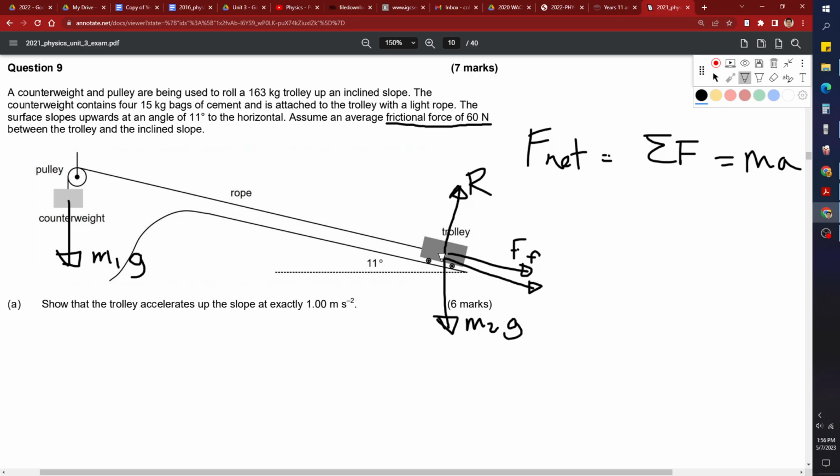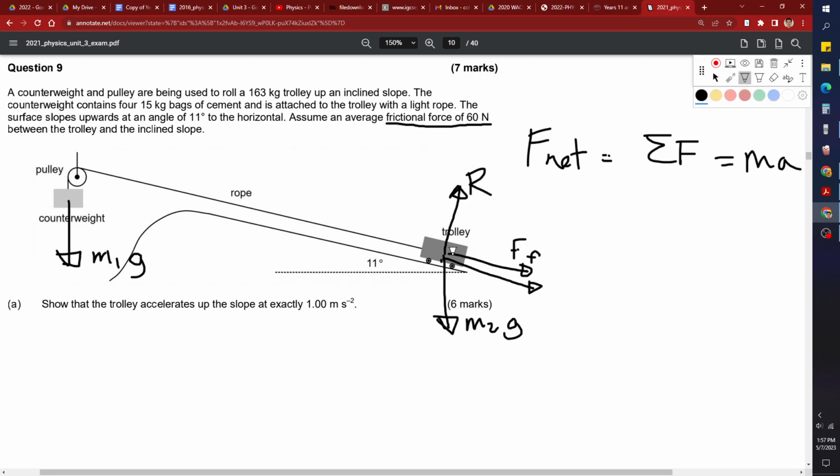And that's just basically the components of this thing, right? That way and this way, so that would be M2G down the slope, I don't even know what I would call that, but I know how we would get the equation or the equivalent of this component, right? So let's do that.